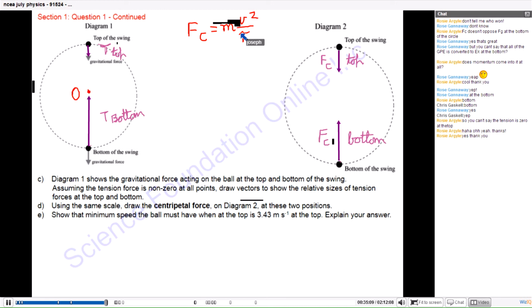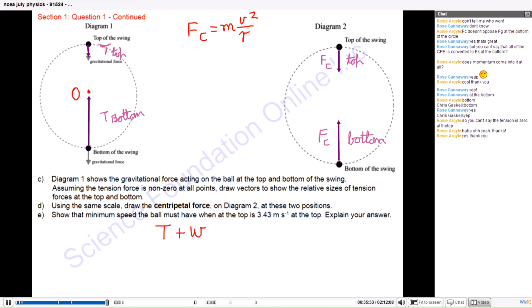Now, the centripetal force needed, the tension T plus W, which is mg of course, provides the centripetal force.